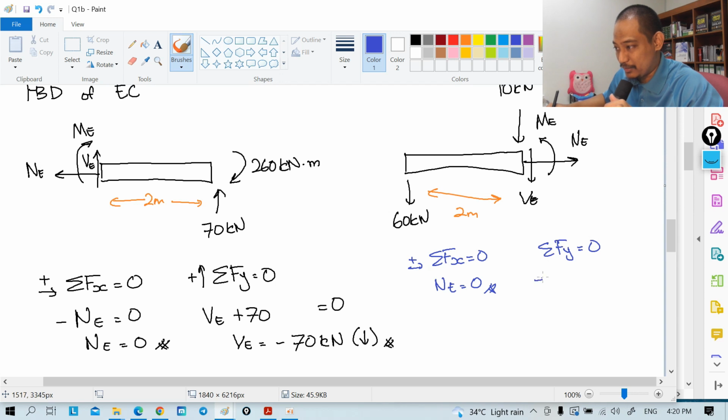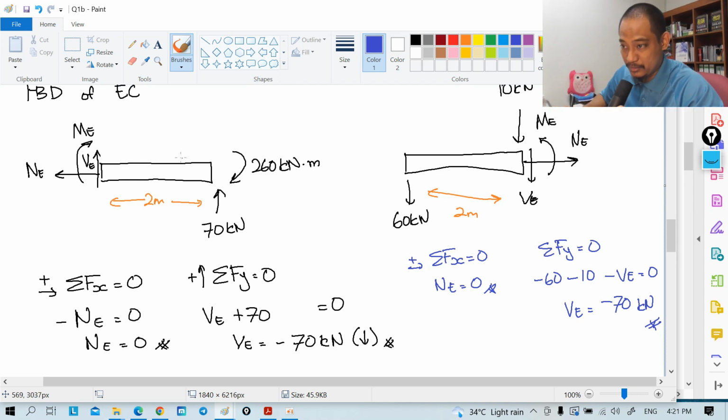So here you have minus 60, this 60, and then you have another 10 here, minus 10, and then minus VE equal to 0. So you have VE equal to minus 70 kilonewton, which is the same answer, right? Of course, on this free body diagram, negative means it goes up, and on the left side here, it means it goes down.